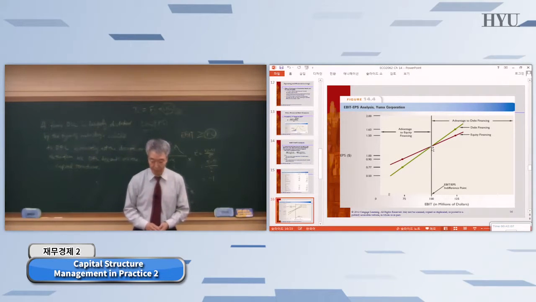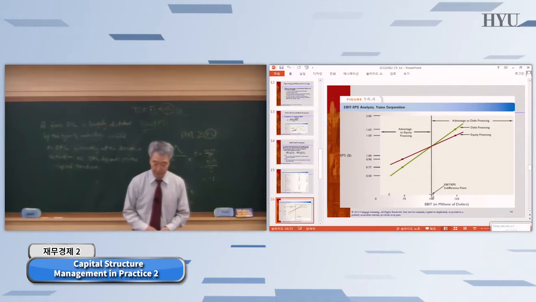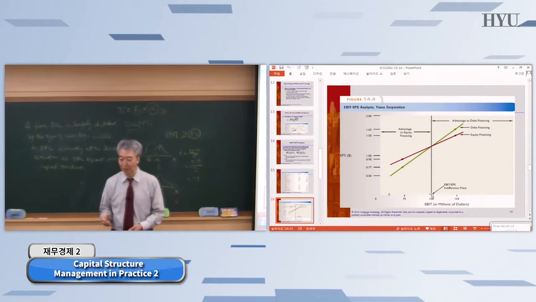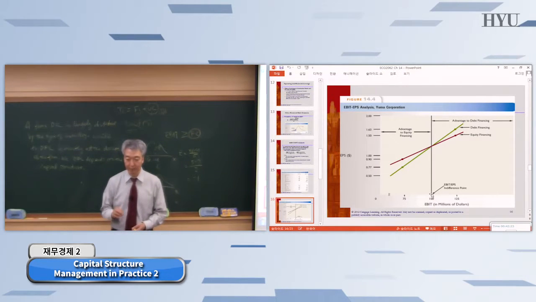Okay? So that's how they calculated the 100 as the indifference EBIT level, or level of EBIT where you should be indifferent between debt financing and equity financing. Okay?